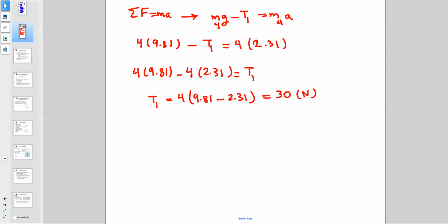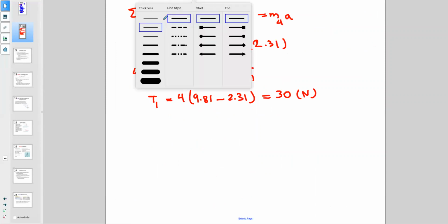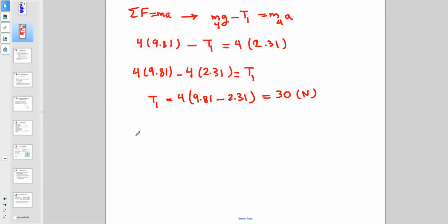And so for T2, let's do T2. I'm going to use another color because it's all red. It might be a little bit difficult to see. So again, sigma F equals MA. And it's moving counterclockwise. So I have T2 minus M2G equals M2A. So T2 minus M2G equals, let's actually put numbers.